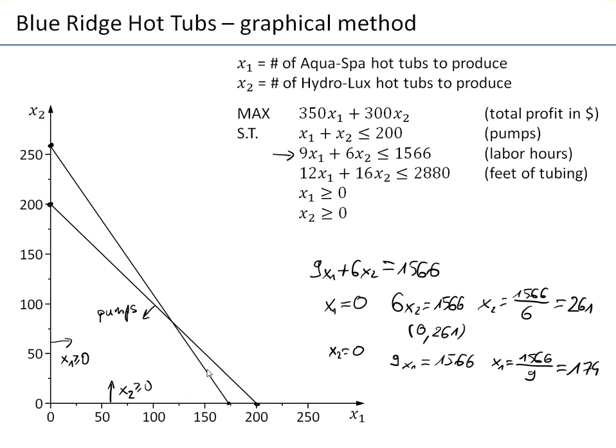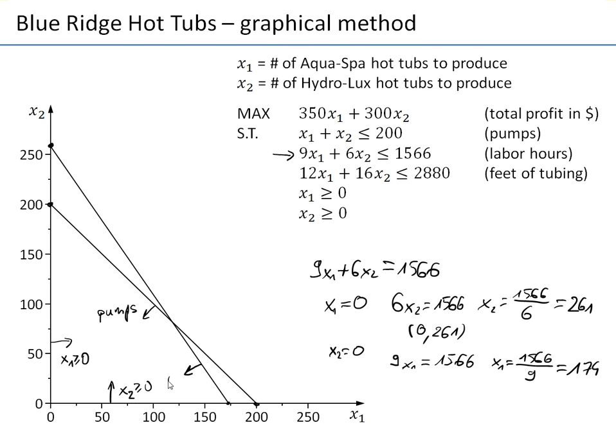Okay, there's the line. And now I need to again ask myself, well, this was equal to 1566, so the points on the line use exactly 1566 labor hours. Which points use less than this? Well, again, as before, the points to the left or below the line will use less than 1566 labor hours.